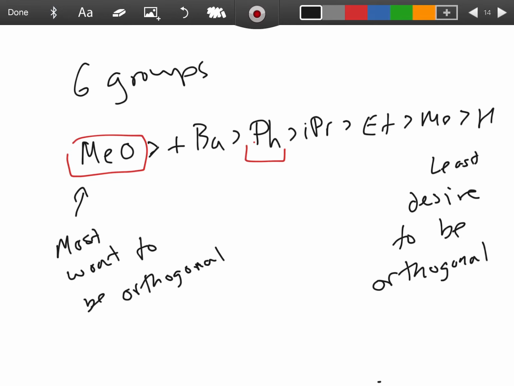So as you get smaller, you less and less want to be orthogonal.